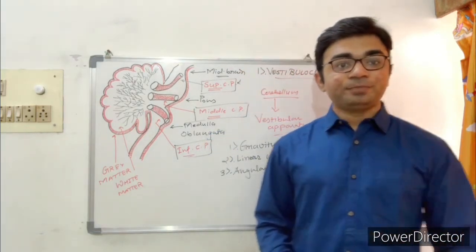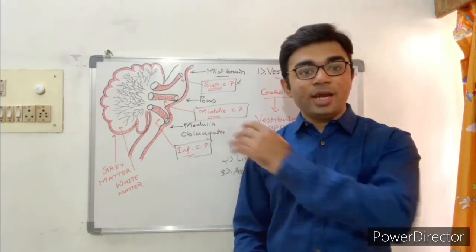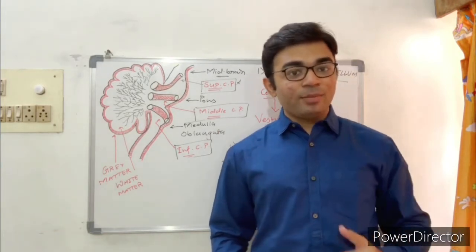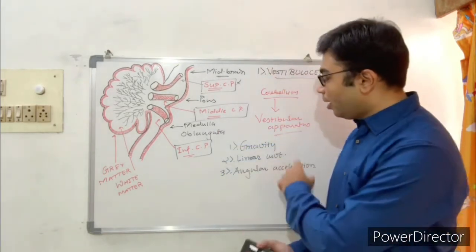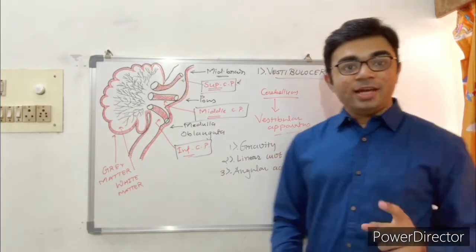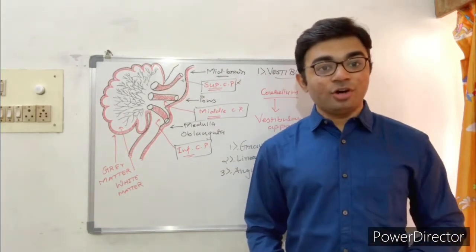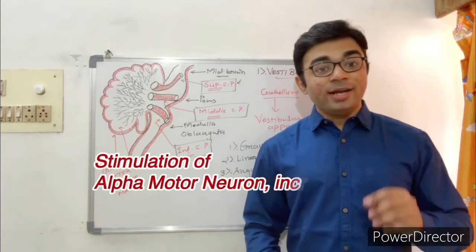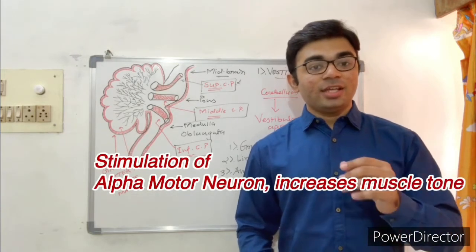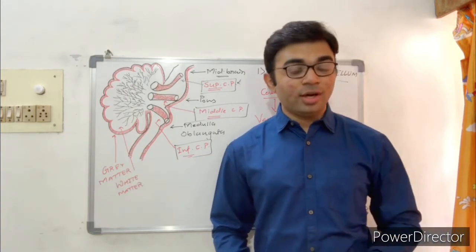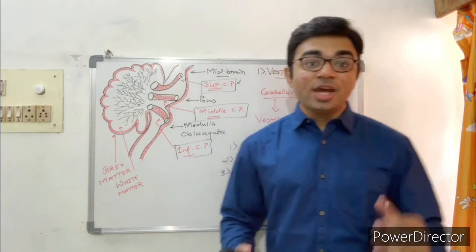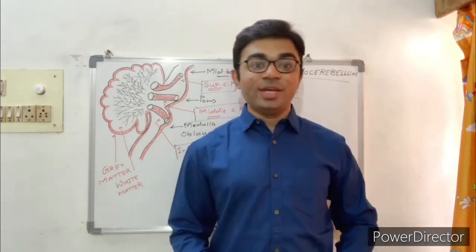But for now, remember that cerebellum inhibits the reticular formation and the vestibular apparatus, and it stimulates the alpha motor neuron present in the anterior grey horn, and thus it increases the muscle tone. And this is how our body's tone, posture and equilibrium is maintained.